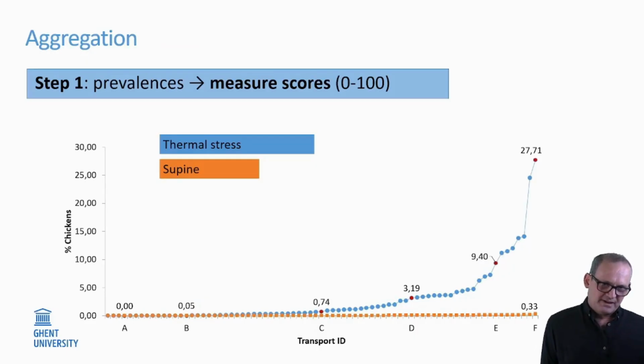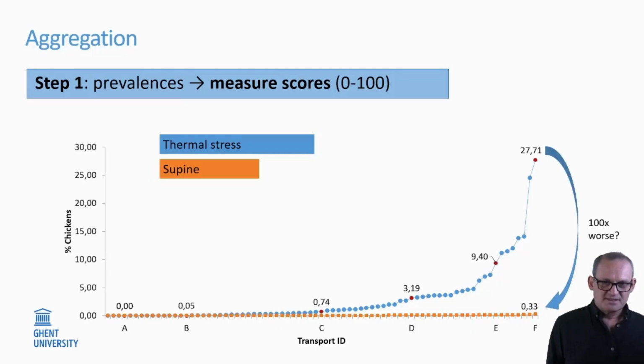For the different welfare indicators that are in our protocol, the true prevalence ranges very differently. For example, for thermal stress, the maximal prevalence that we scored in the flocks that we assessed was close to 30% of the animals showing signs of thermal stress, whereas the prevalence of supine birds was much lower, with a maximum of only 3 animals out of 1,000.